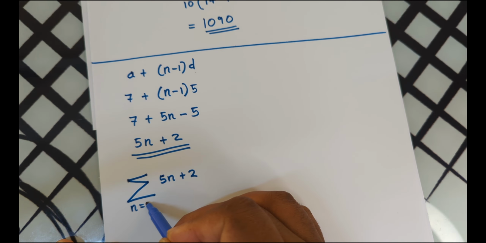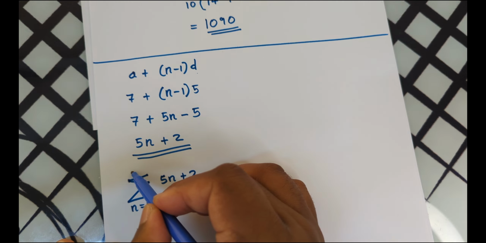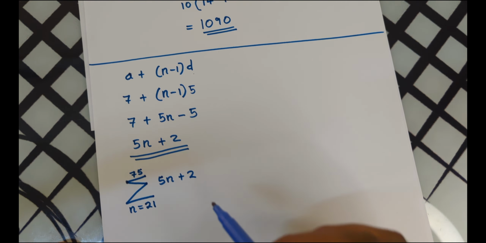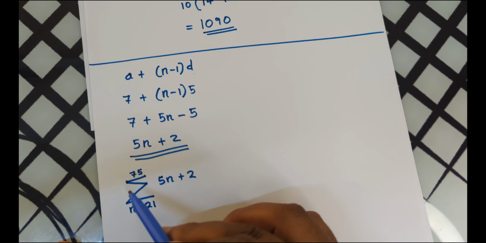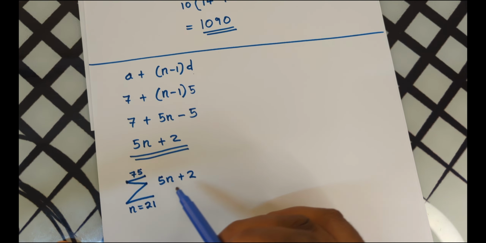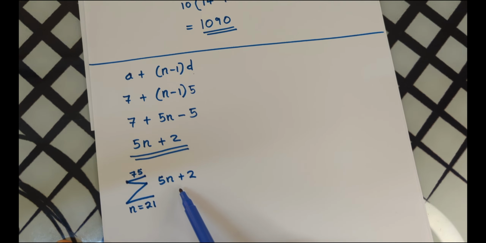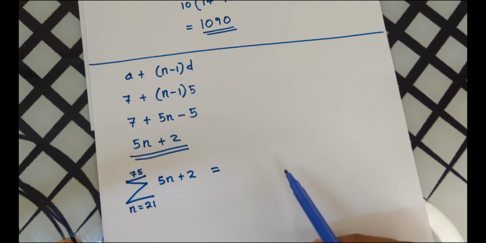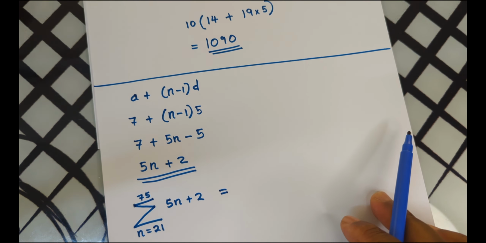So we are going to start from n equal to 21 until n is 75, and this becomes the general form of the additional 55 terms which were added, and this will be equal to the sum of the 75 terms.